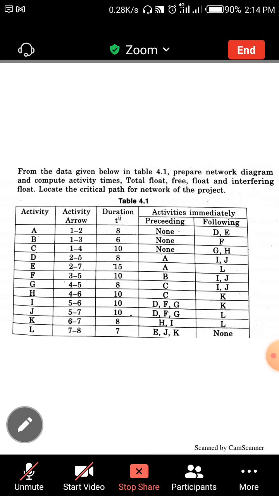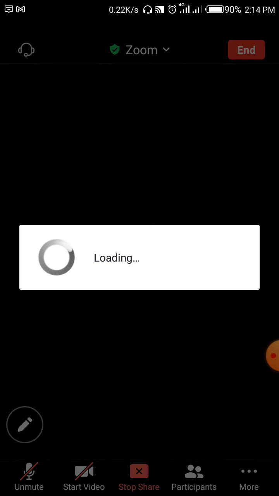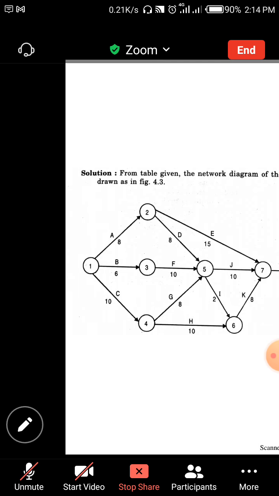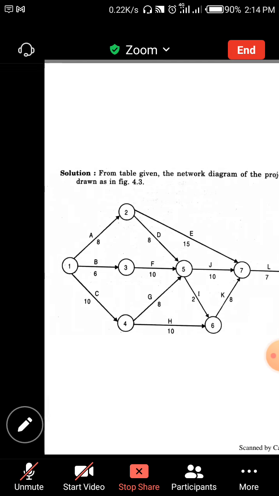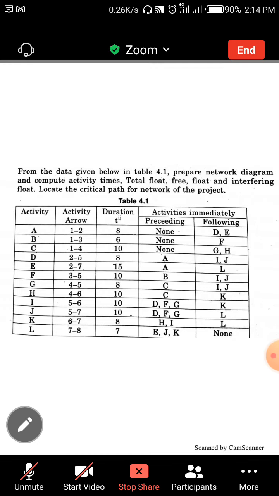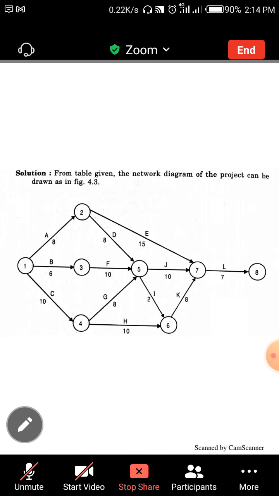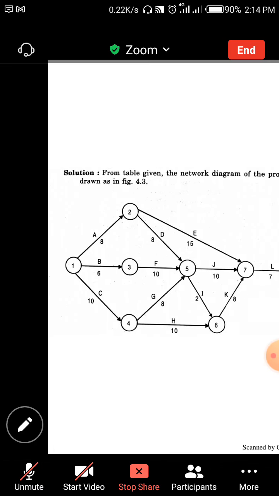Then from node 2, arrows burst out to 5 and to 7: 2 to 5 and 2 to 7. Clear? Similarly from 3 to 5, we draw this one.